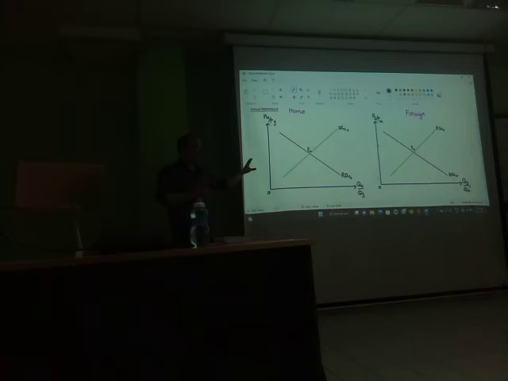Will the subsidies affect the relative demand curve also? Yes. How will that affect the relative demand curve? To the left side.